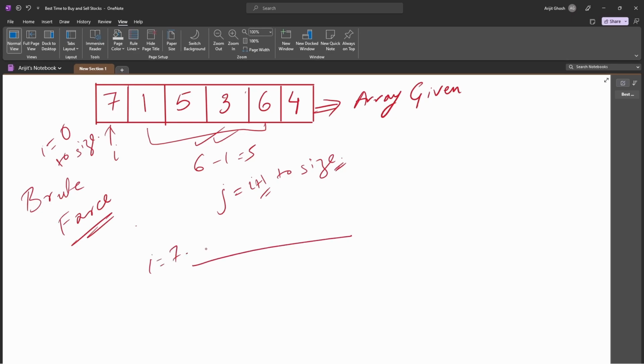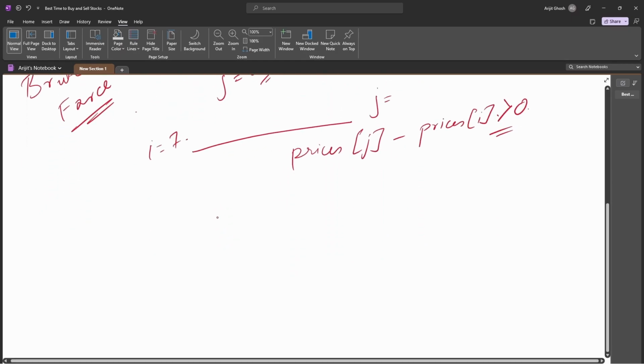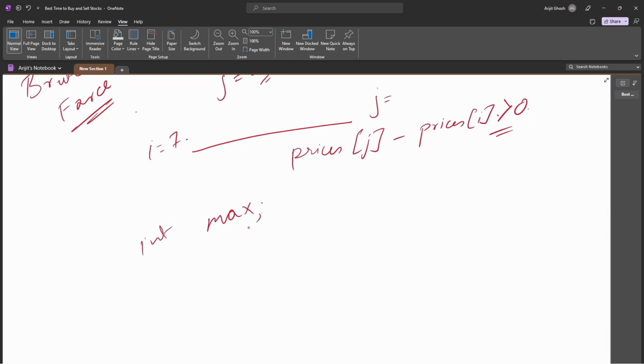Now throughout the array we search for any j element for which prices[j] minus prices[i] would be greater than 0, right? And we can take an integer max and then store values.